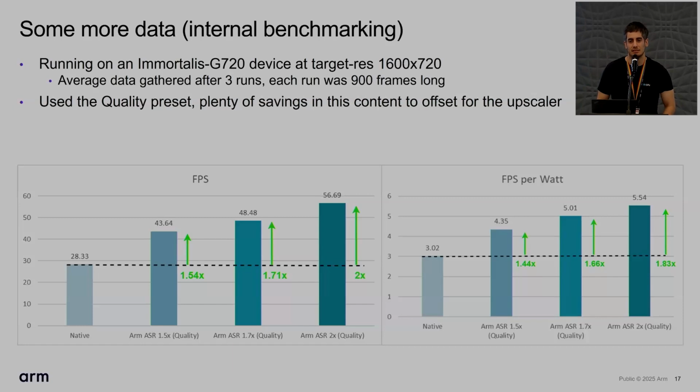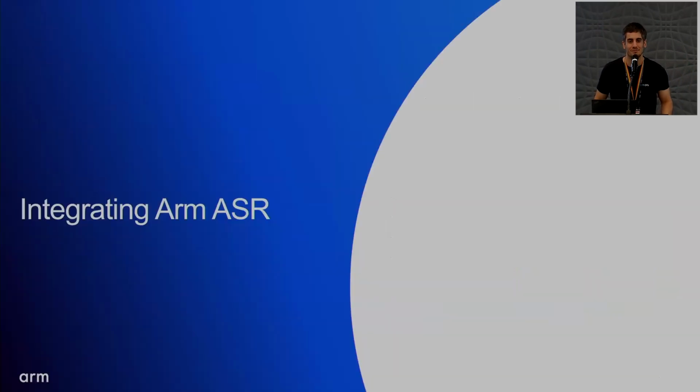And as you can see, similar, like 83% improvement when it comes to the FPS per watt as well. Just to be clear, this is a pretty high-end piece of content with Lumen and ray tracing, so not your typical content, but just so you get an idea of where you can get with super resolution.